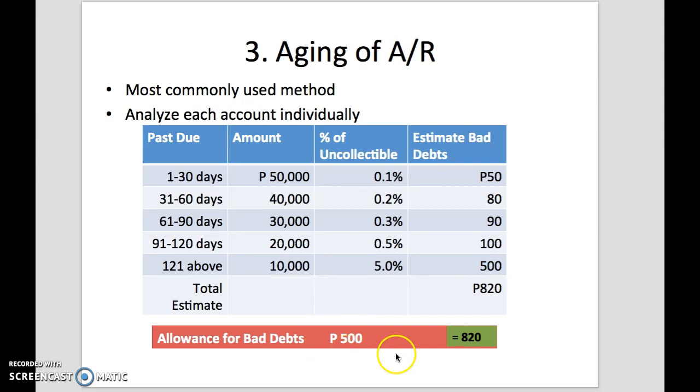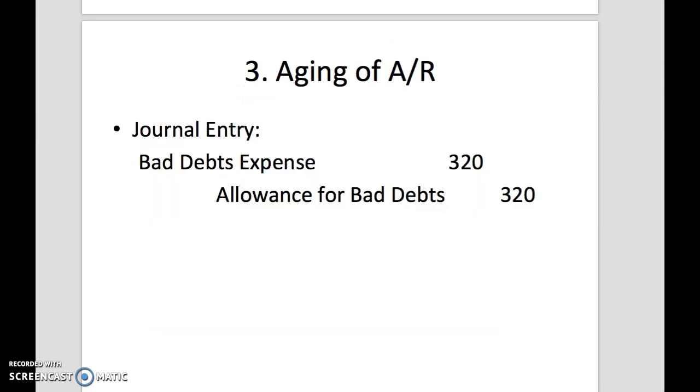So given that, to know the estimation of bad debts expense and the increase of allowance for bad debts during this period, what we will do is subtract 820 from 500. And we will get 320. So this means, when you prepare the journal, it would look like this.